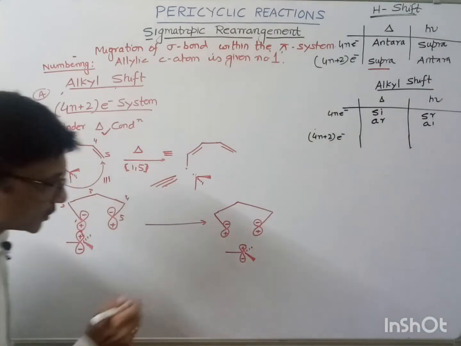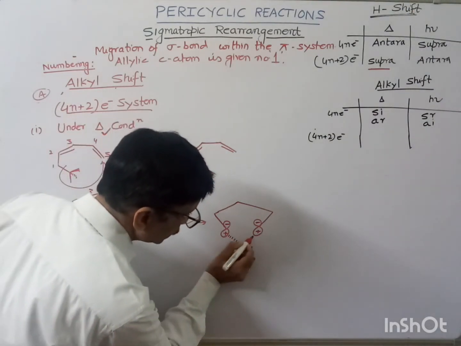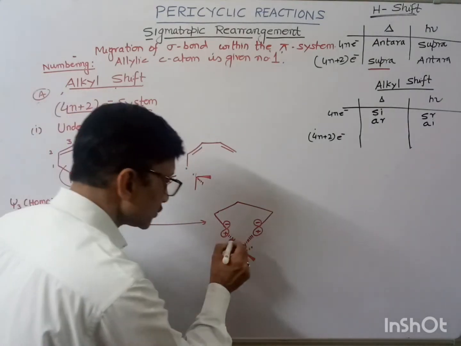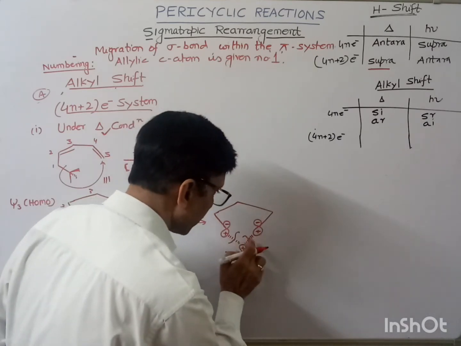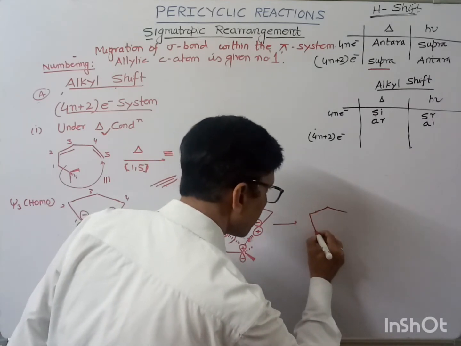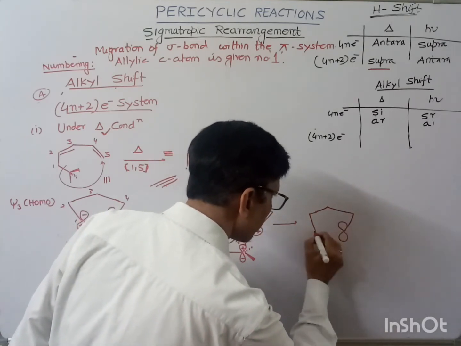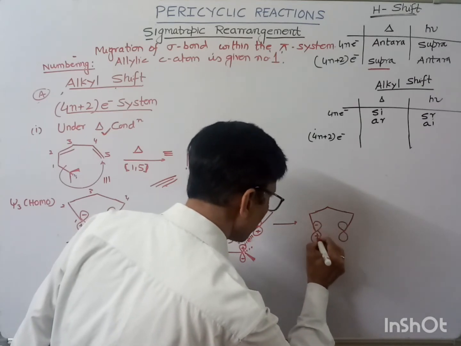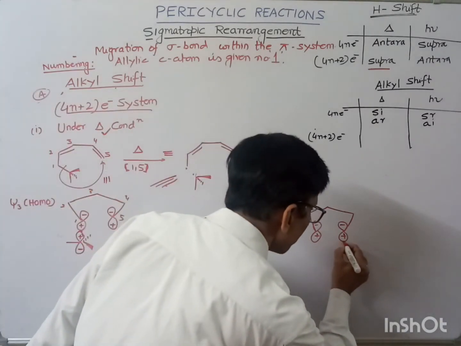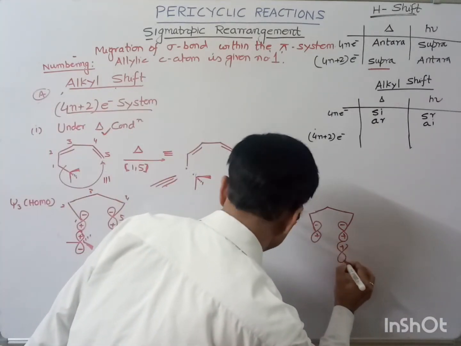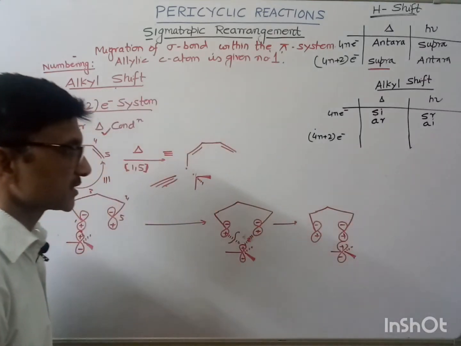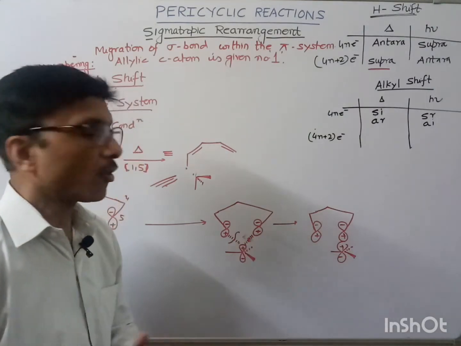Like this. So this migration is possible suprafacially, and you can see the bond is formed between the 1st and 5th. So this will migrate and this bond will get formed, and finally you will get this.